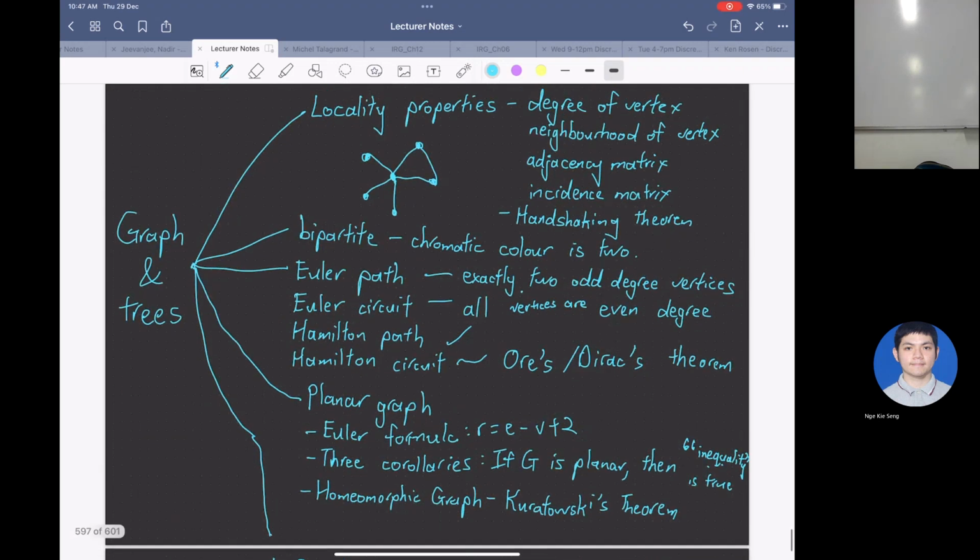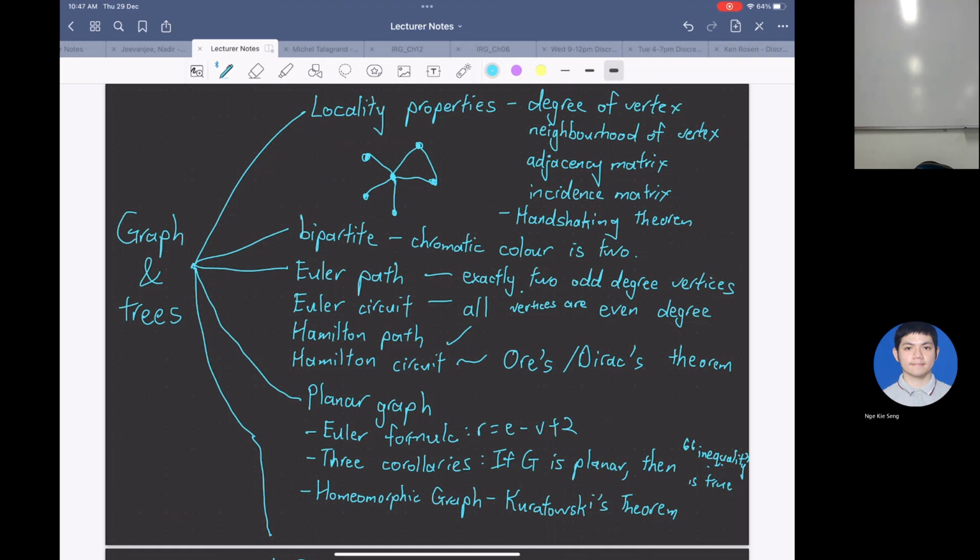Graph and tree is a long topic. At first we start with the basic properties of the graph. We learn about the degree of a vertex, neighborhood of a vertex, adjacency matrix, incidence matrix. Then we have the handshaking theorem that relates degree of vertices and the number of edges.